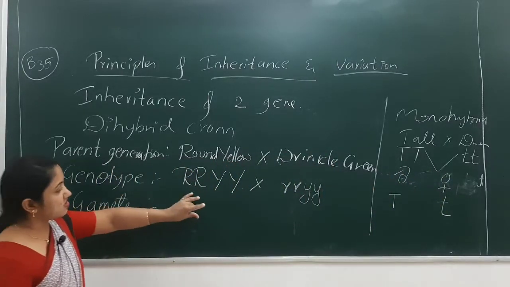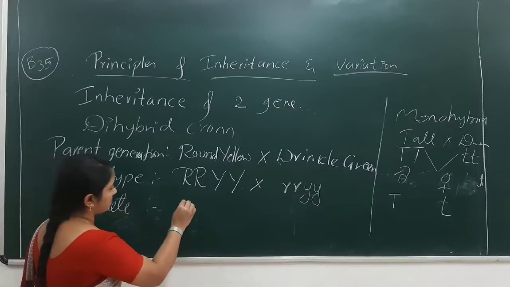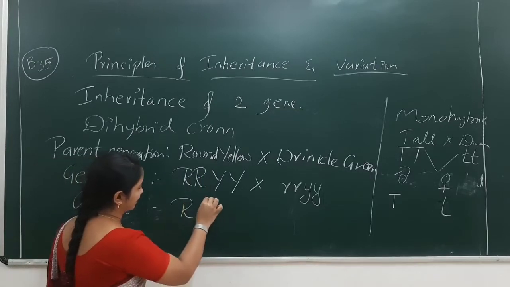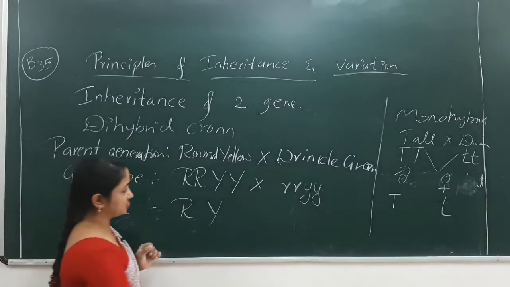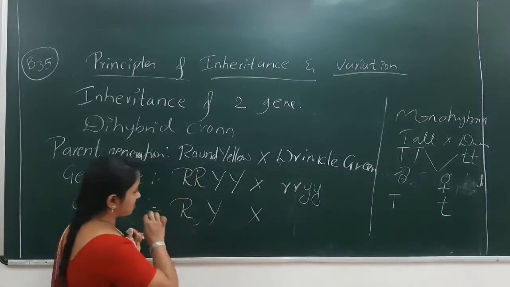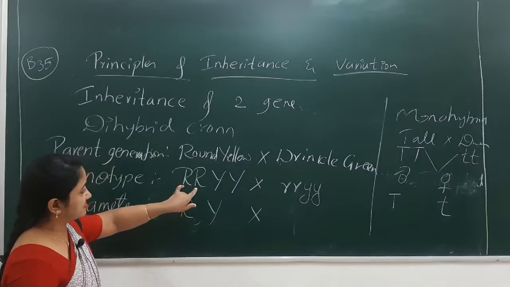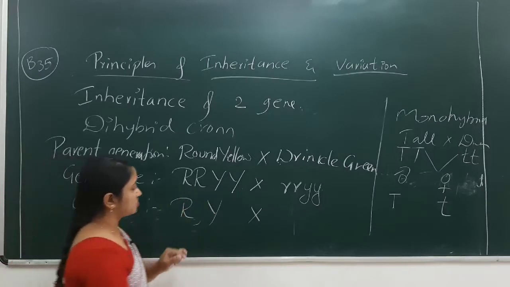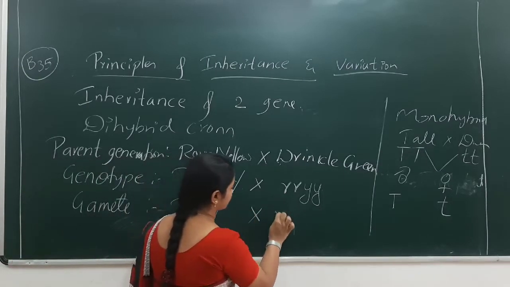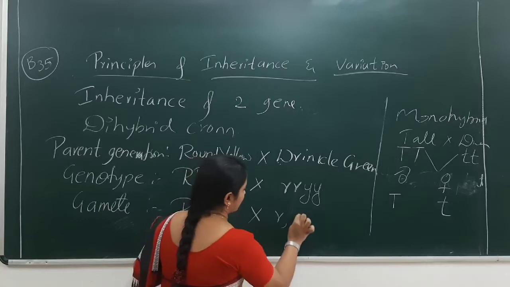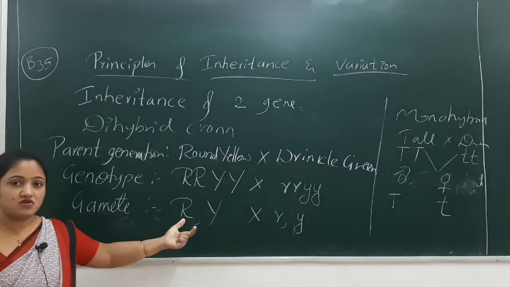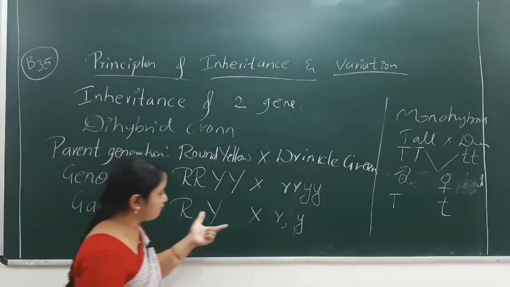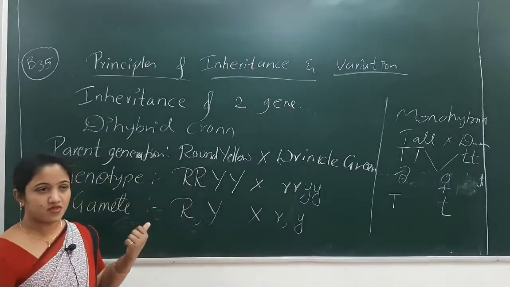Likewise, here also one gene segregates at the time of gamete formation. I will put the comma here, which indicates the capital R and capital Y. Here also small r, small y. So, we have four types of gametes, right?